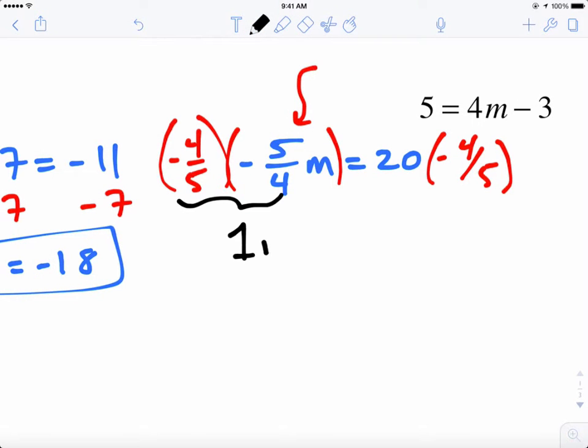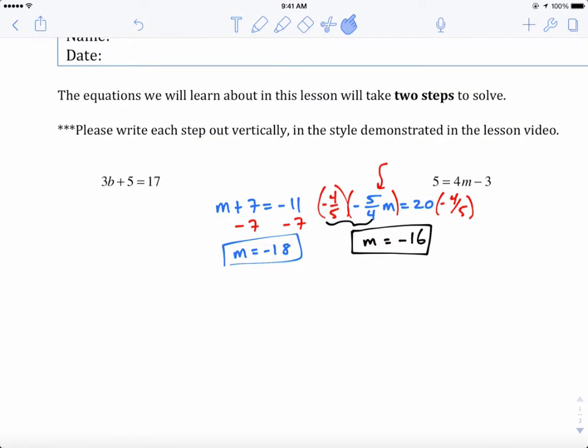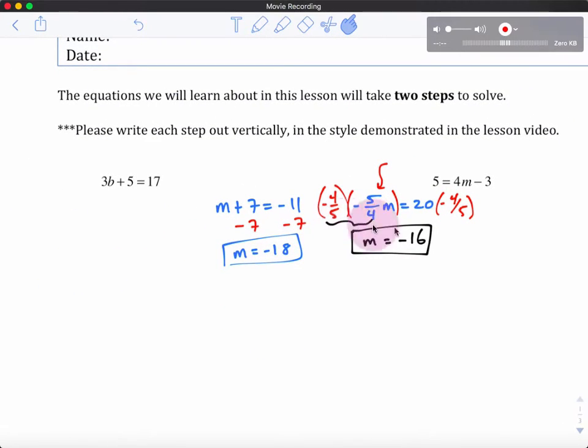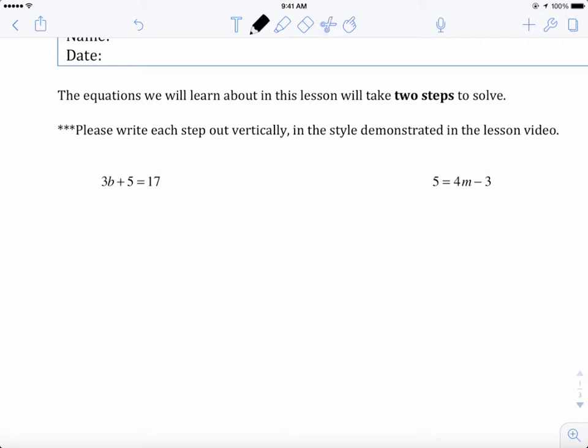We'd end up with 1m equals negative 16. So our solution was m equals negative 16. But note that both of these required just one step of either addition and subtraction or multiplication and division. The equations that we're going to be learning about now are going to actually require two steps to solve.